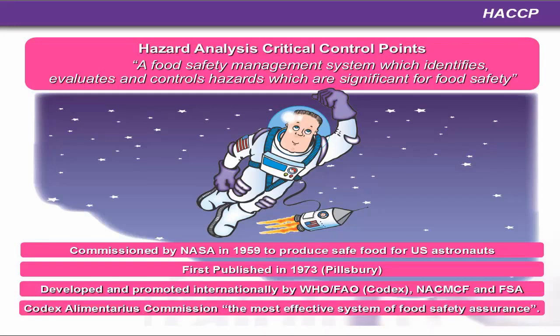And the Codex Alimentarius Commission said it is the most effective system of food safety assurance. Now, the Codex Alimentarius Commission, CAC, was put together by the WHO and the FAO, and it consists of government officials from every country throughout the world.